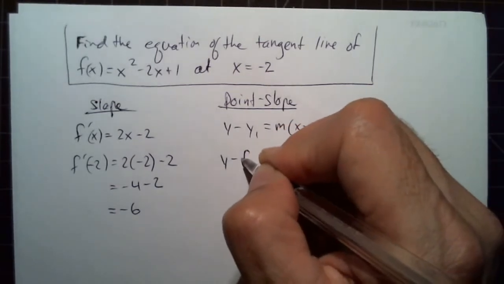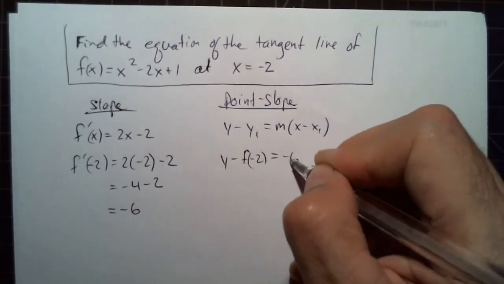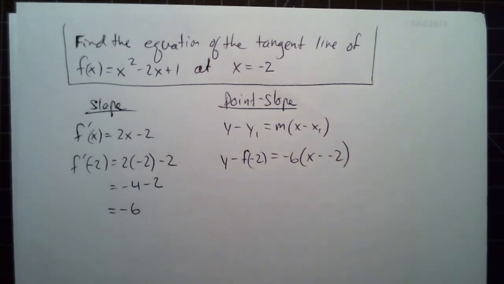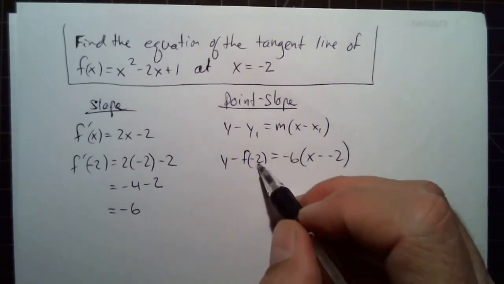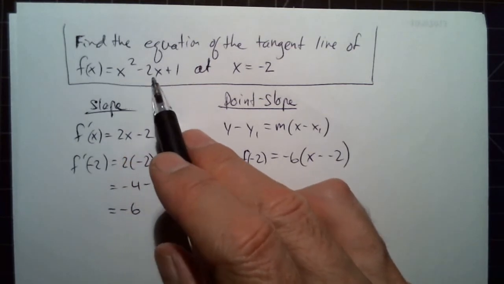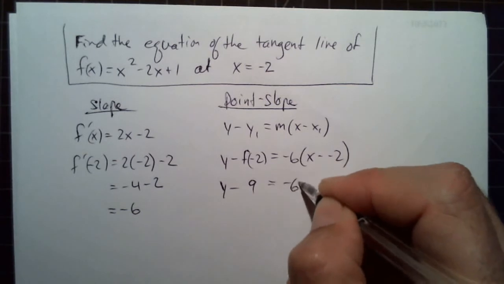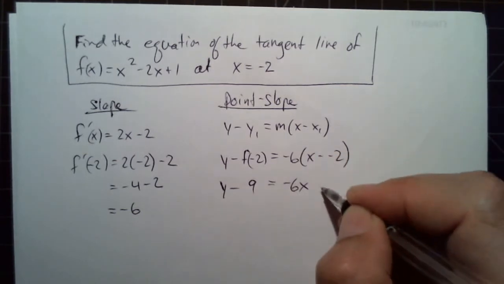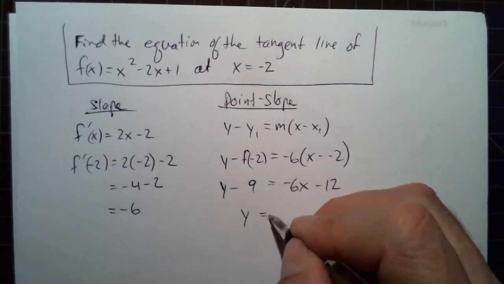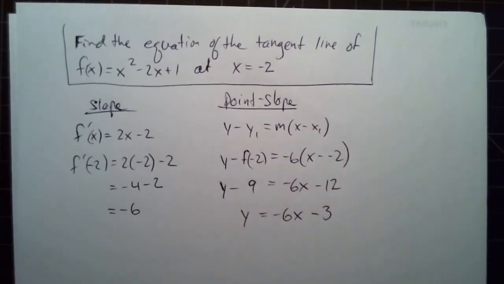We'll do f of negative 2. Slope is negative 6, and the x value is negative 2. If we substitute a negative 2 in here, we'll have 4 plus 1, so that's y minus 9 equals negative 6. This is a positive, that'll be a negative. Add 9, we get y equals negative 6x minus 3.